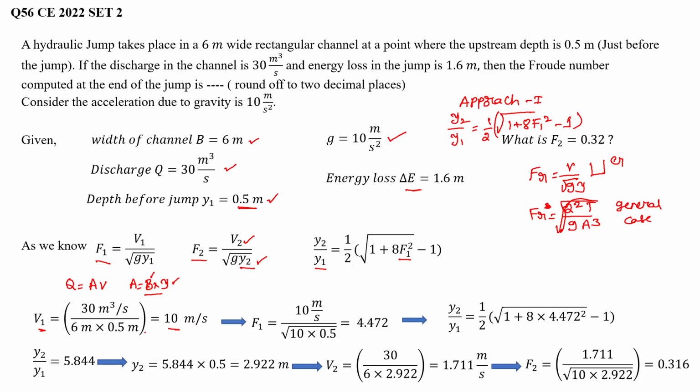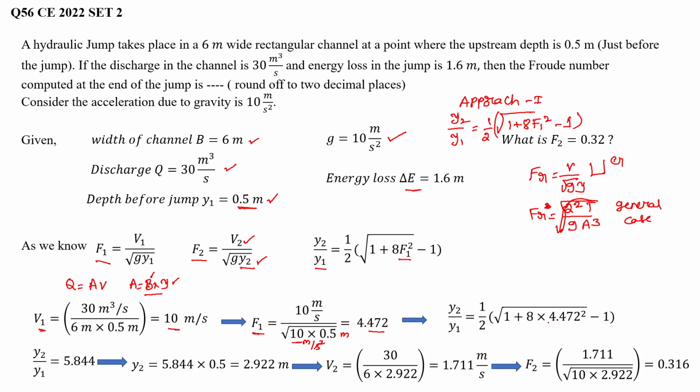So now let's use this V1 to calculate F1. F1 equal to 10 meter per second divided by square root of 10 into 0.5, where 10 is the acceleration due to gravity in meter per second square, and this is meter. This will give us a value of 4.472. This is the Froude number before the jump.